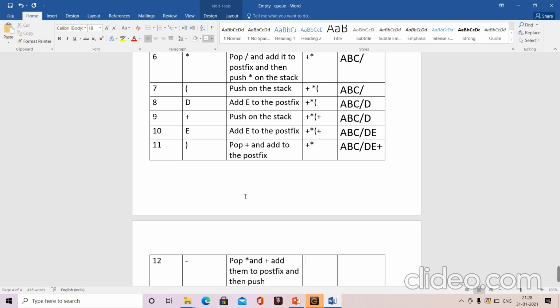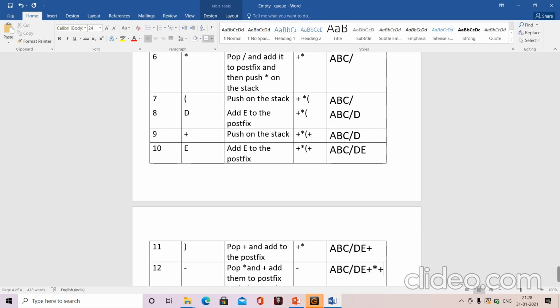So this plus will be popped, and then we have A, B, C slash D, E plus, and then plus will also be popped.